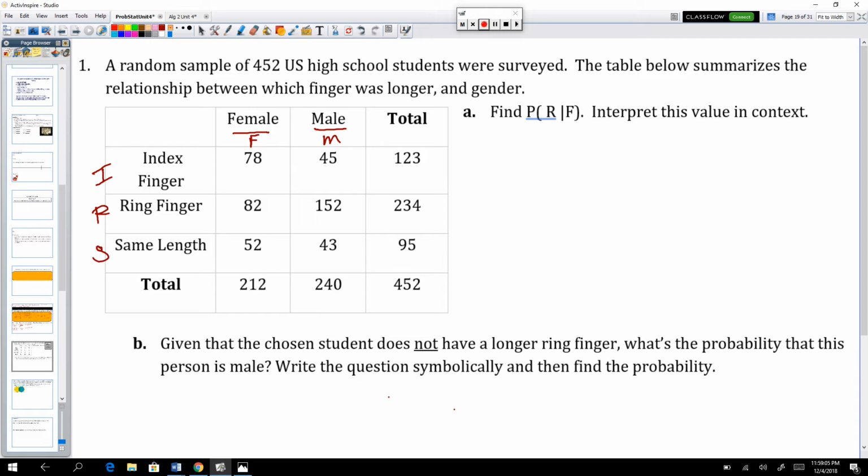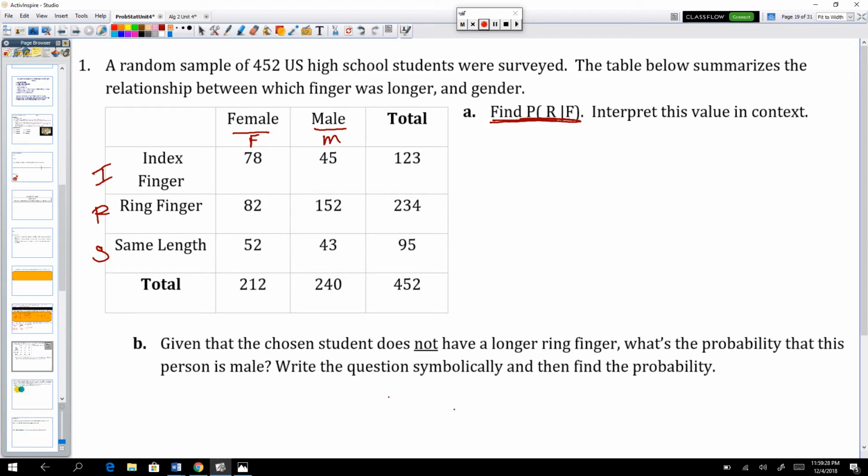So the first thing we need to do is figure out what they're asking us to find here. We need to translate that statement, so take a moment to think about how you would translate it. Hopefully you thought to yourself, they want me to find the probability of someone having a longer ring finger given they were female.